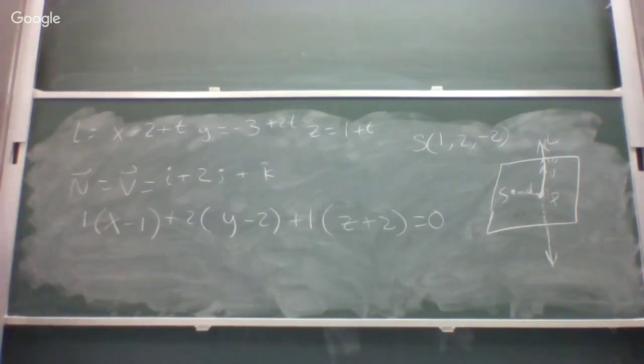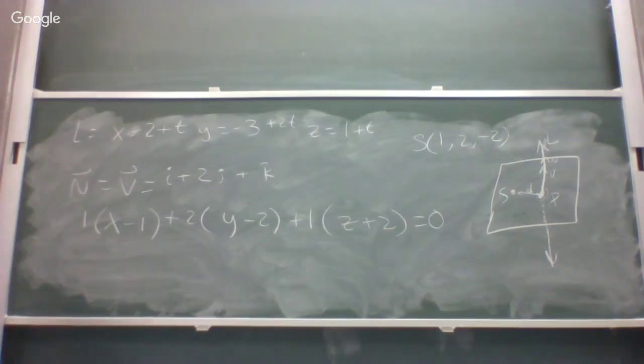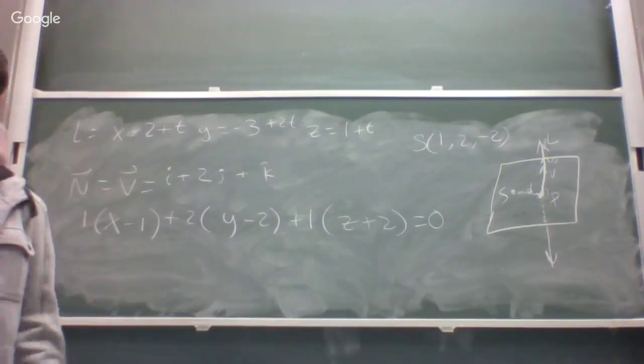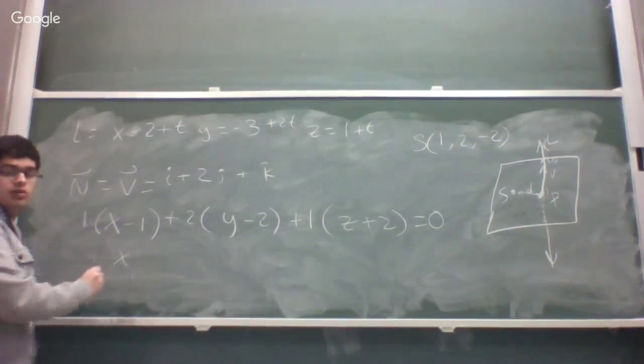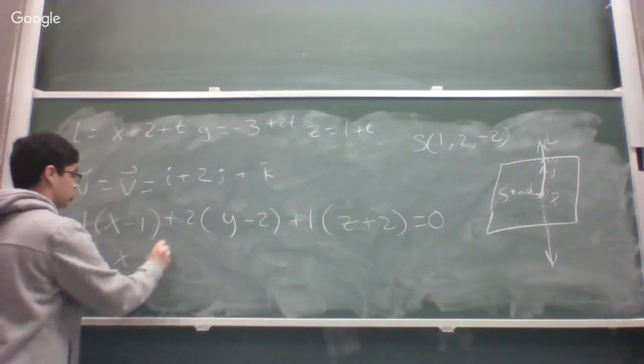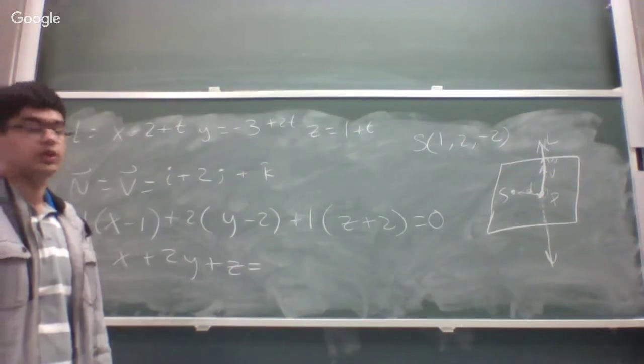We had a normal vector and a point on that plane. That's all we need. It doesn't need to be point P or S. Since we know S already, we can just use that. So then x plus 2y plus z is equal to 3.